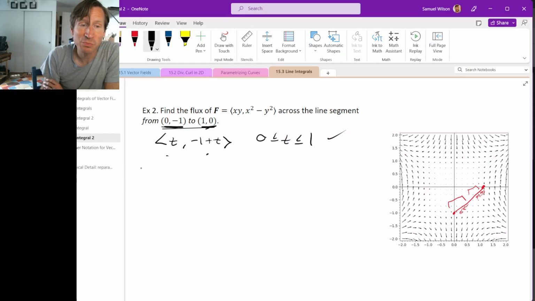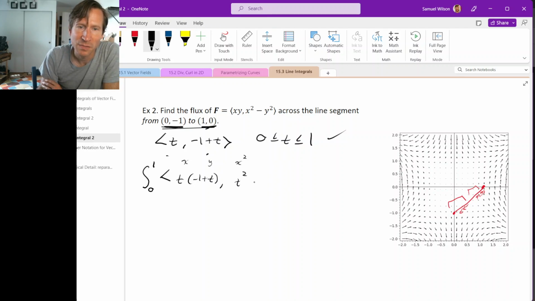Okay, so now that we have a parameterization, we can calculate the integral. So integral from 0 to 1 of f. And f is x times y, so t times minus 1 plus t, comma, x squared, which is going to be t squared, minus y squared, which is minus 1 plus t squared.